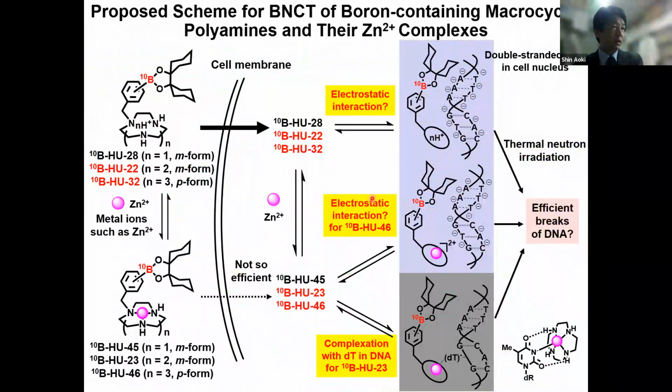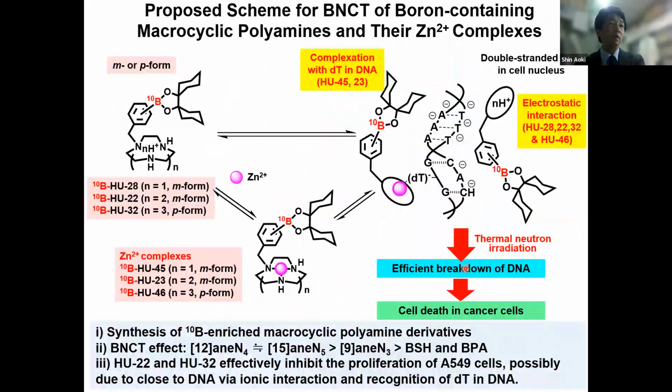Therefore, we think that these compounds, both the metal-free ligands and the gene complexes, interact with the DNA in the nucleus of the cancer cells, with efficient breaks of DNA upon irradiation with thermal neutron. This is the summary of our result.